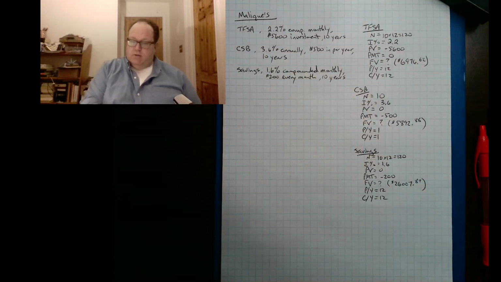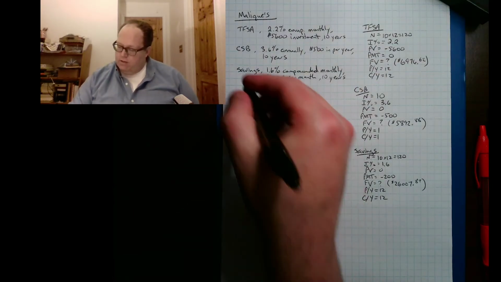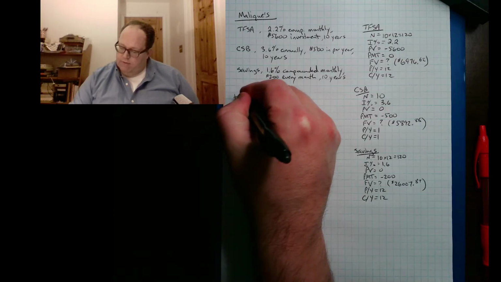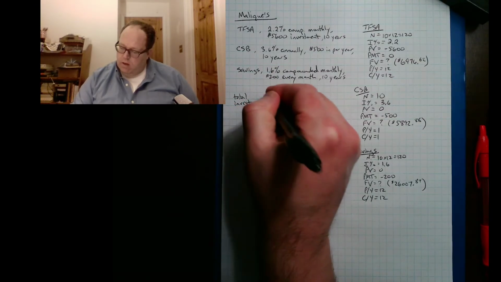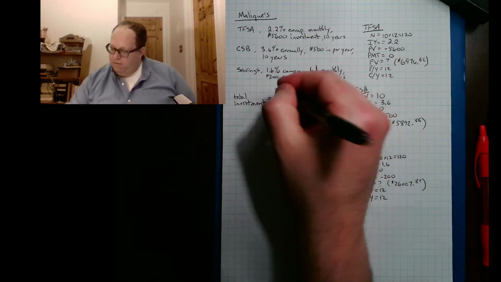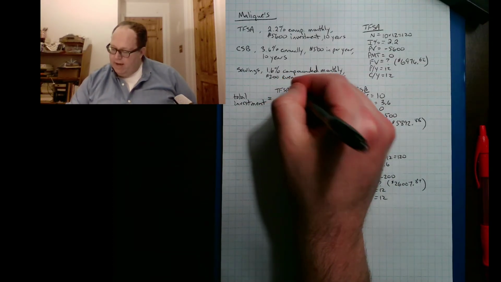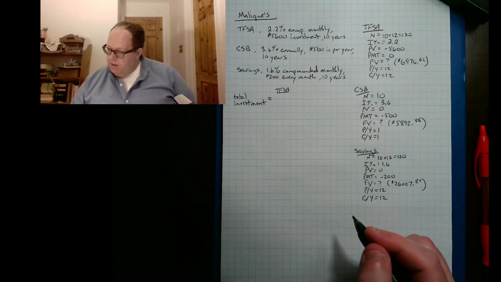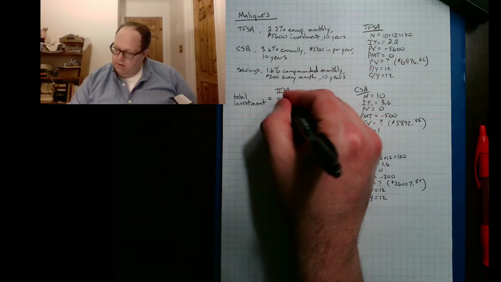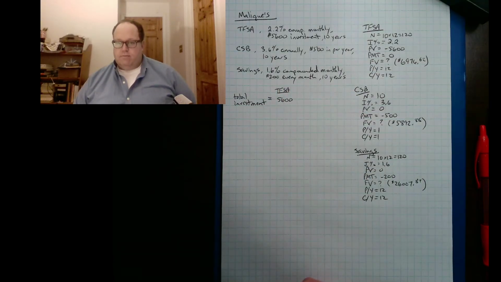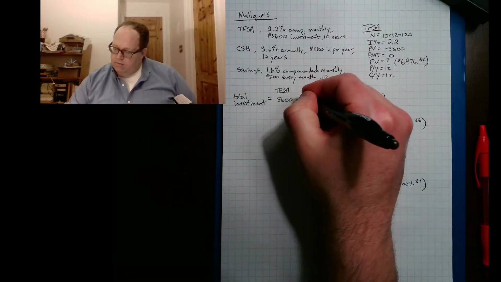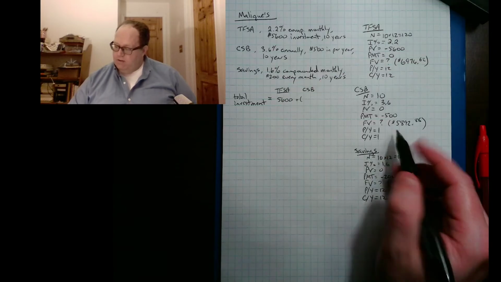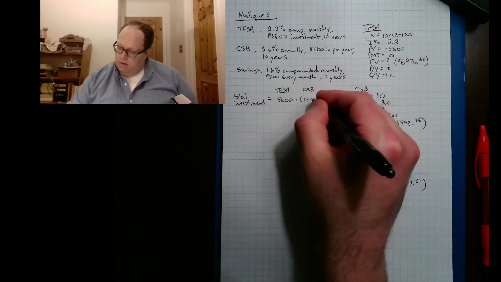So now we'll do the same sort of setup to figure out rate of return. The total investment would be from the tax-free savings account, straight $5,600. From the Canada Savings Bond, it was $500 a year for 10 years.